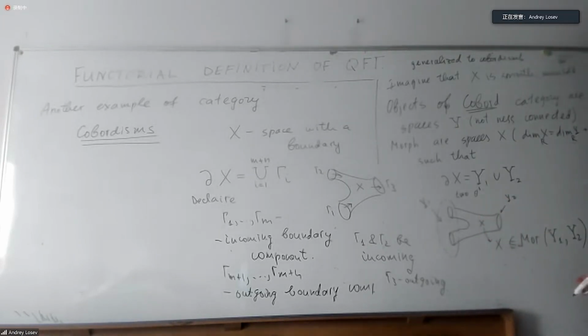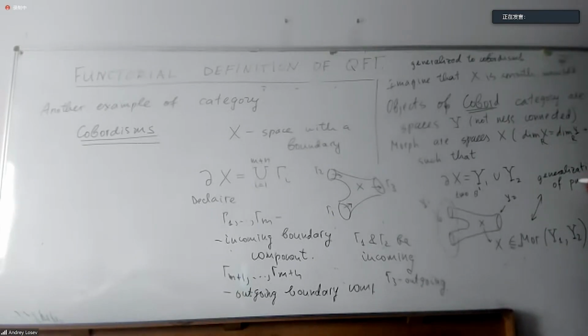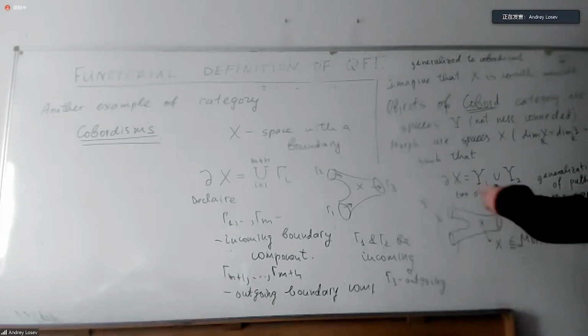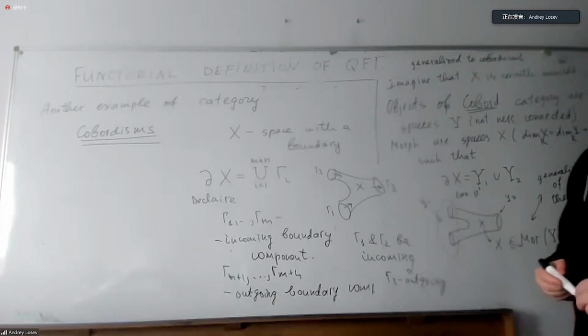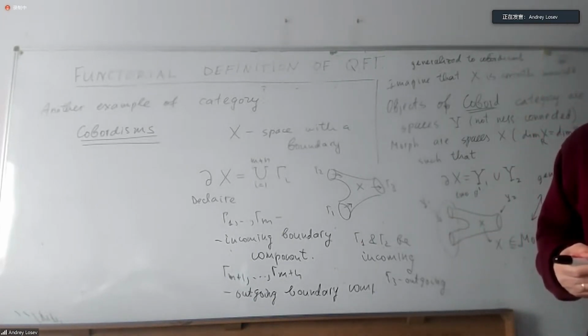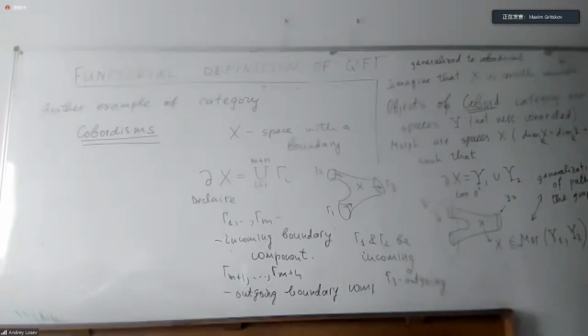So you see these cobordisms look a bit like paths on a graph. Okay? Why do we consider real dimension? Because the concept of boundary implies that we study real manifolds.